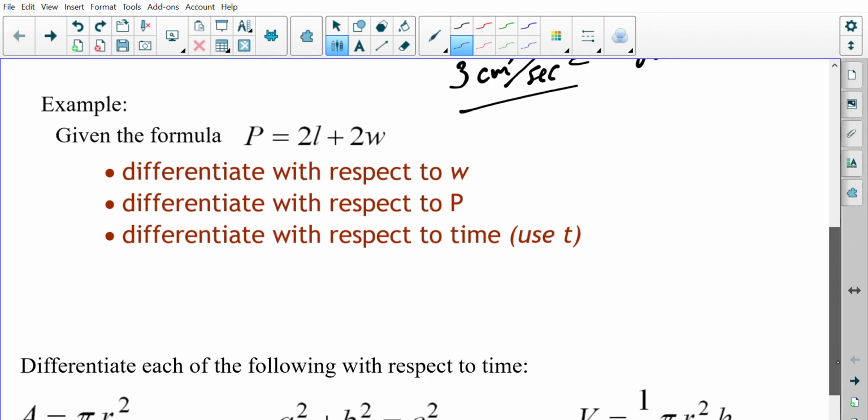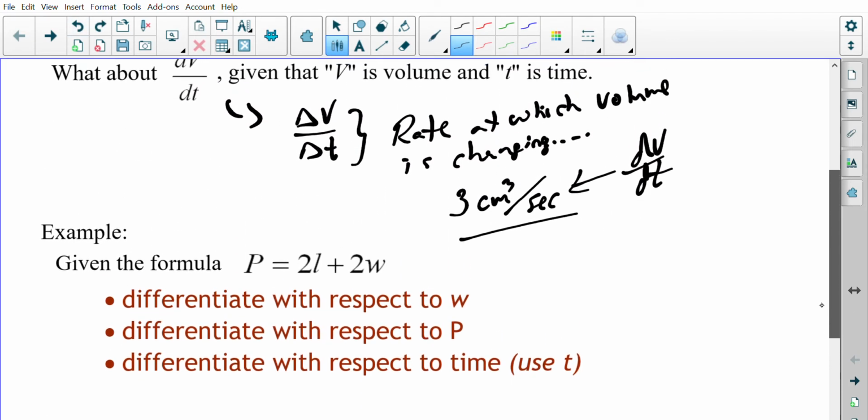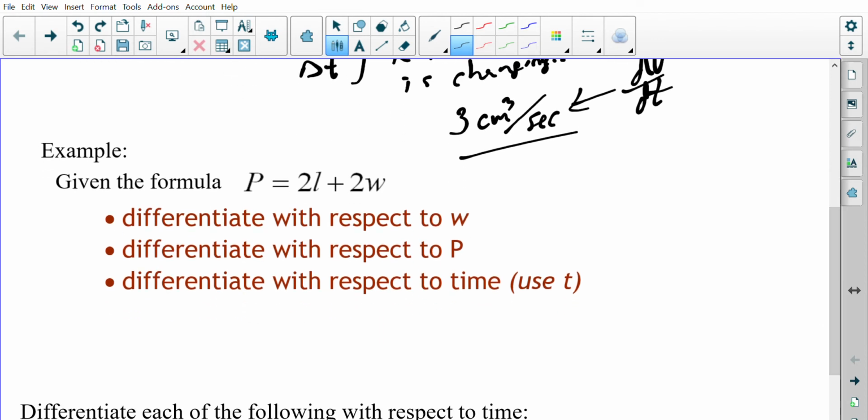Now, moving on to what we're going to do with these problems, we're going to learn how to take the derivative of relationships. Now, these relationships are going to be typically some kind of mathematical formula. And suppose that we had this expression, and I wanted to take the derivative with respect to w. That means I want d something over dw. Now you'll recall from earlier implicit differentiation, if I just put something easy here, x squared plus y squared equals, let's say, 5.